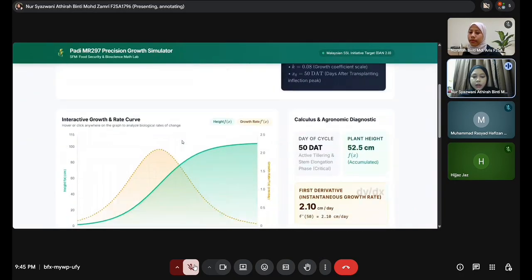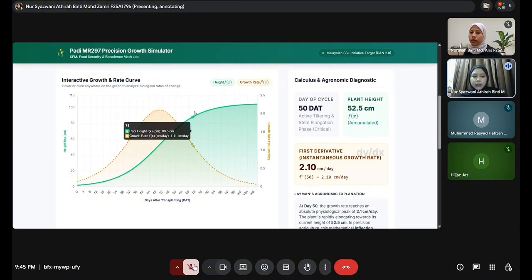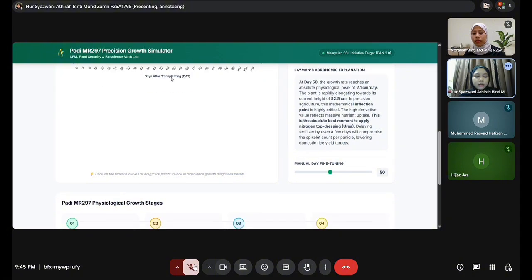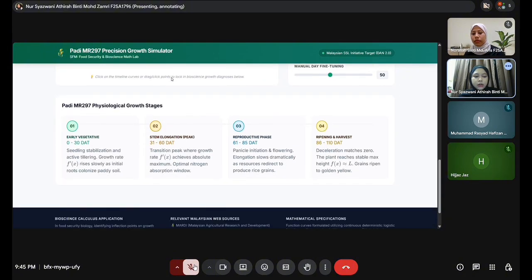So, you can see here is the graph for the interactive growth and rate curve. So, for PADI MR297, physiological growth stage.